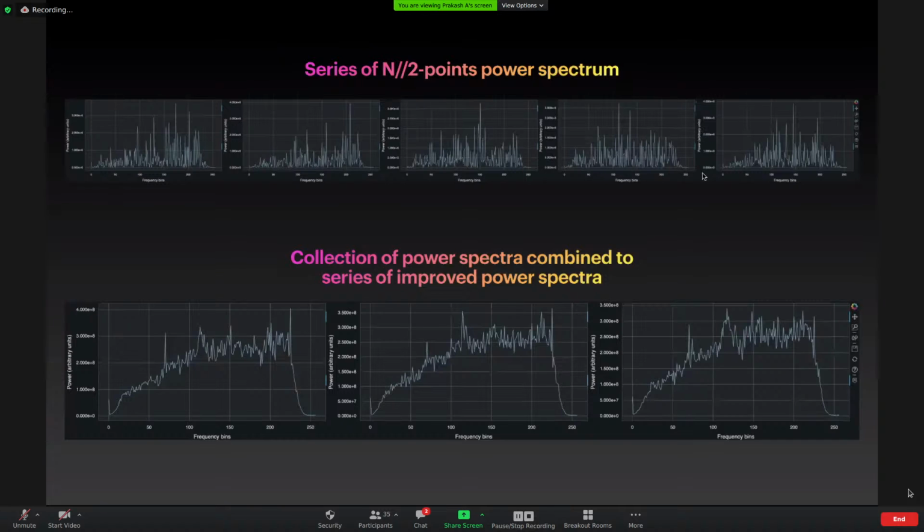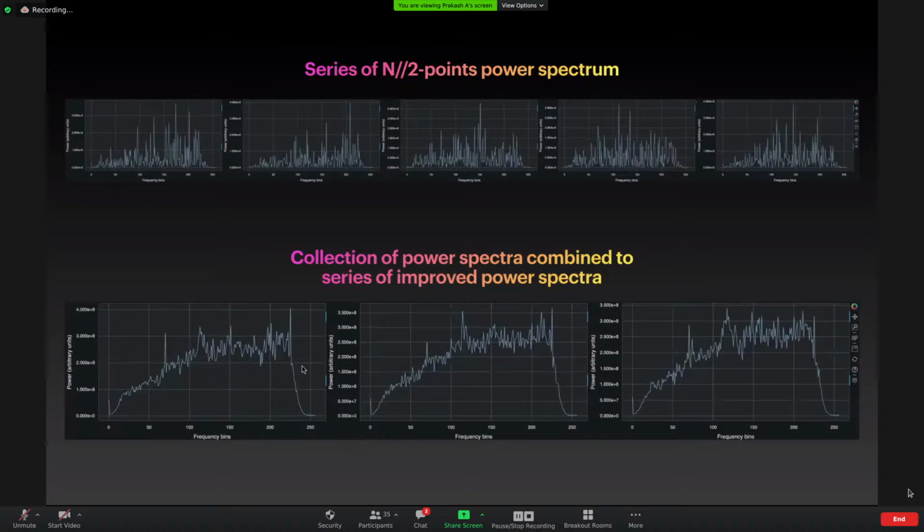Once you have that, for improving the signal to noise ratio of this spectrum, it's advisable that you combine these consecutive power spectra, let's say 30 or 50. In this case, I've even done 100 of these power spectra, and gotten an average or co-added spectrum, which will have much better statistical properties.